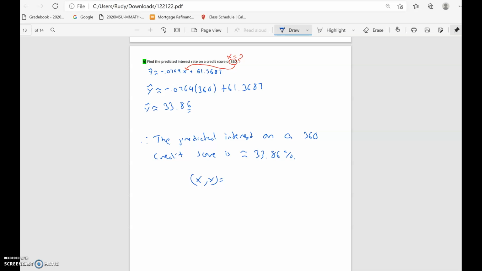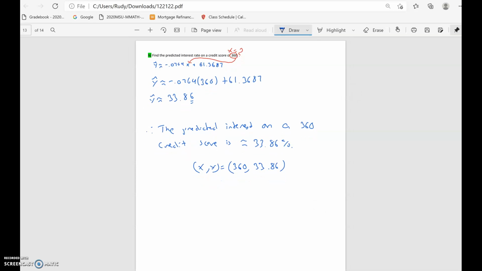The coordinate point is going to be 360. And wait, let me fix the 6. And then 33.86. Let me fix the whole thing. So 360 and 33.86.